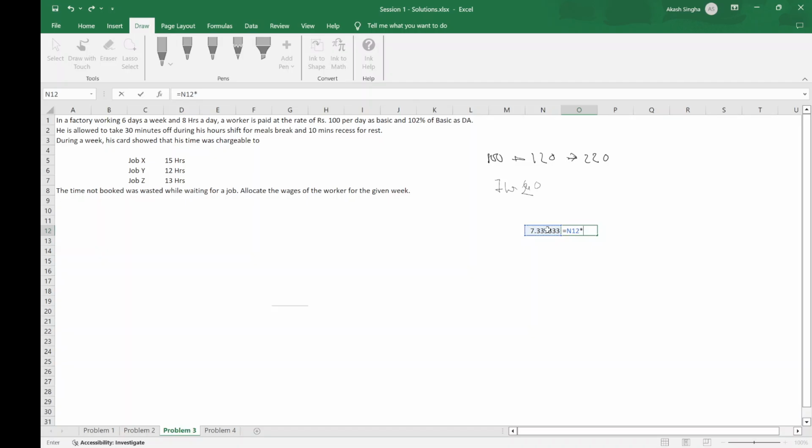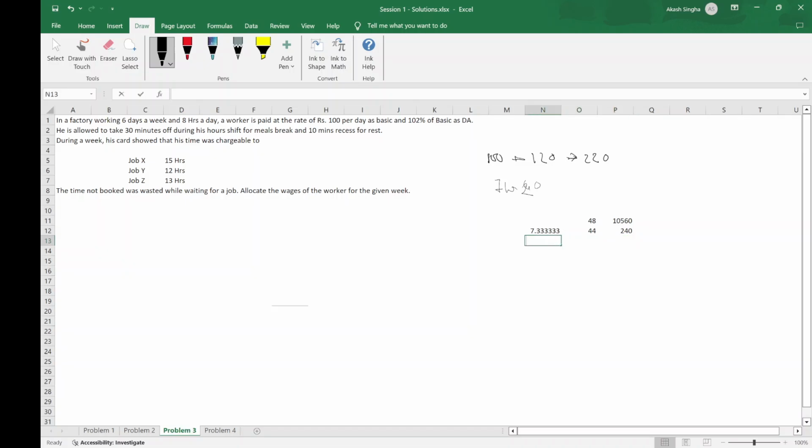Now in a week he works for 7.33 into 6, 44 hours. In 44 hours we pay him in total 48 hours. We pay him 220 into 48, right? So actually for working we pay him per hour 240 rupees.